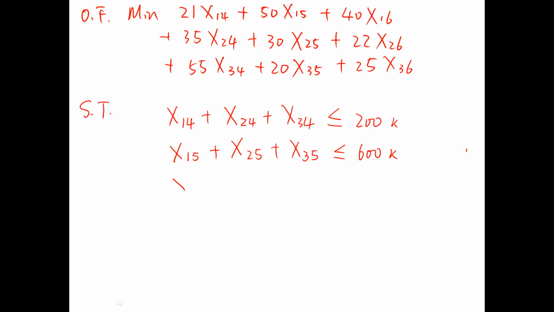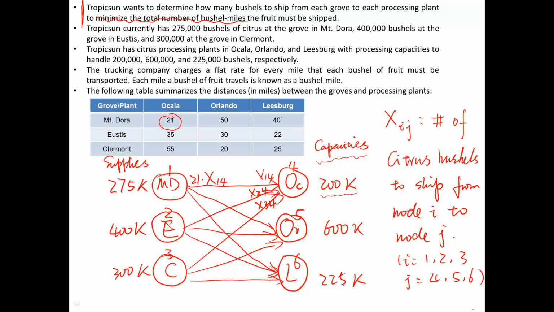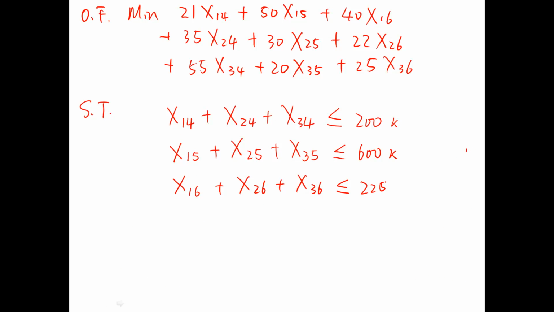Okay, then X16 plus X26 plus X36, which are the total amount of citrus bushels shipped from the 3 groves to Leesburg, should not exceed the processing capacity here, 225. Okay, so this is the first group of constraints. That's the capacity constraints.